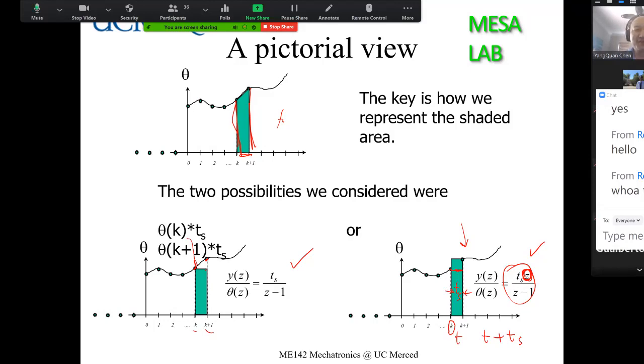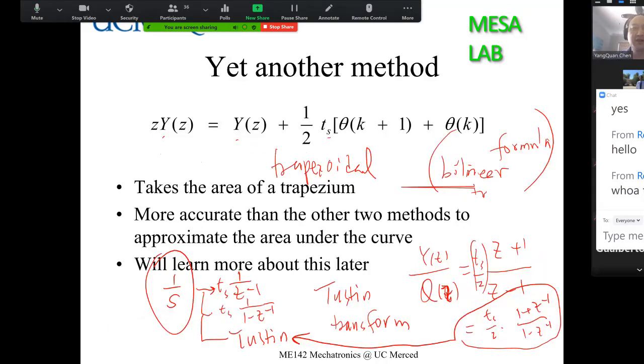But the question you can immediately ask is, well, this representation is crude. What about I use a trapezoid like this one? Yes, people are thinking about this. So let's do another way, the trapezoid. This trapezoid is also called the bilinear formula. Basically, I'm adding these two terms together, divided by 2.